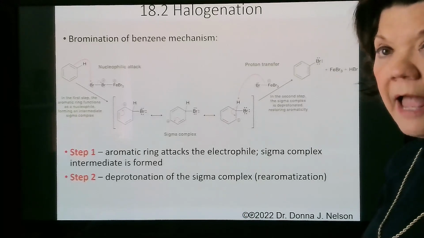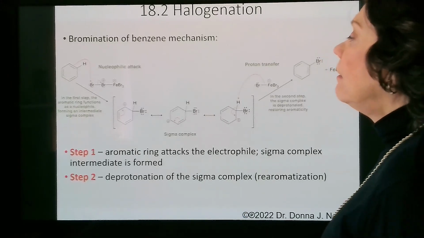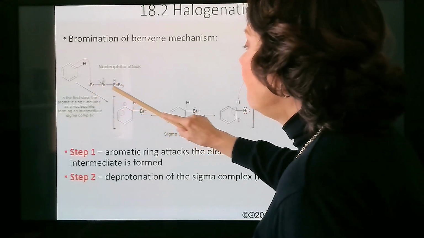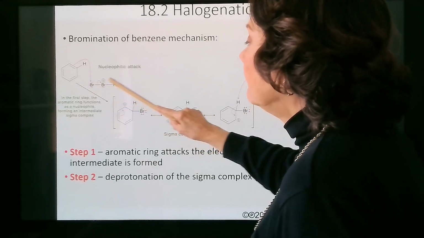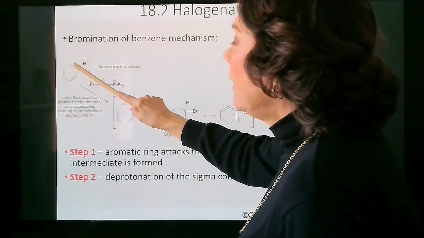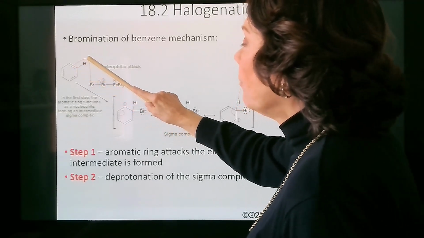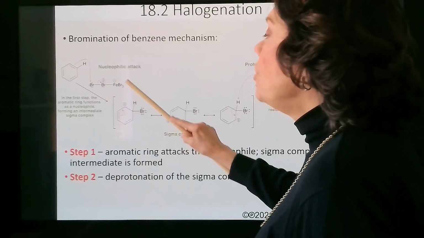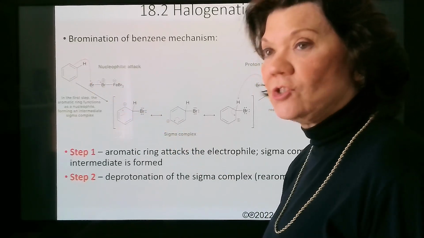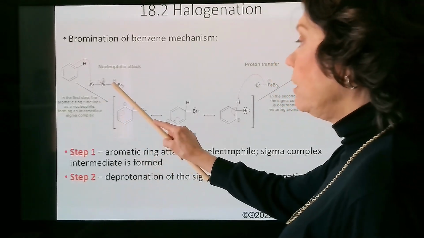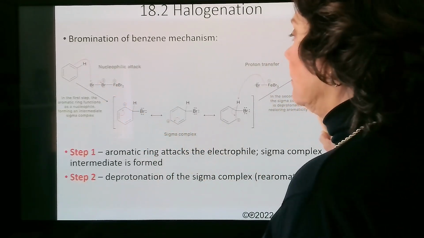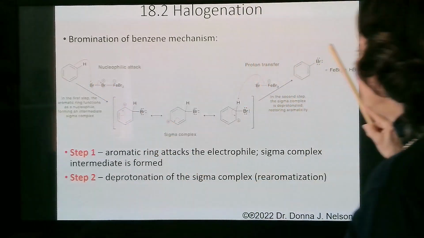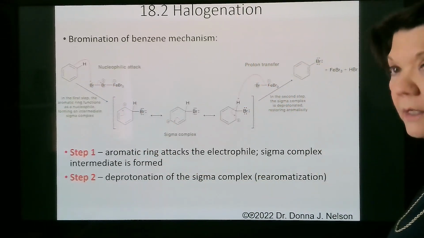The steps it will have in common are that you're going to have a nucleophile, okay? The pair of electrons in the benzene ring will attack the electrophile. You will have to be able to know what the electrophile is in each case, because it's going to be different in each reaction. Okay, the electrophile will provide the substituent that you wind up with.